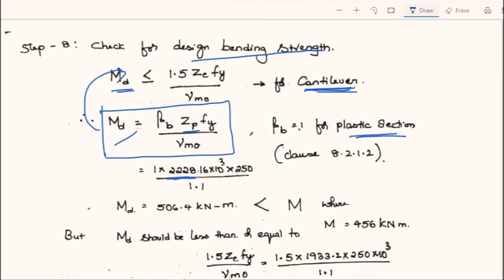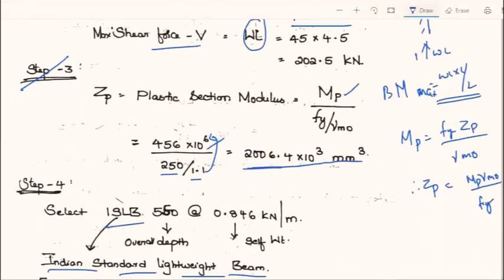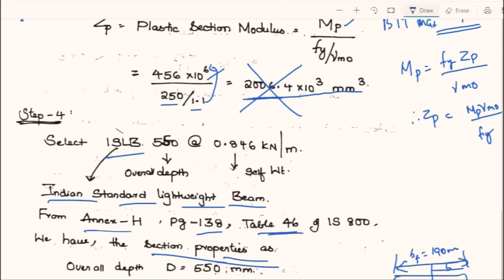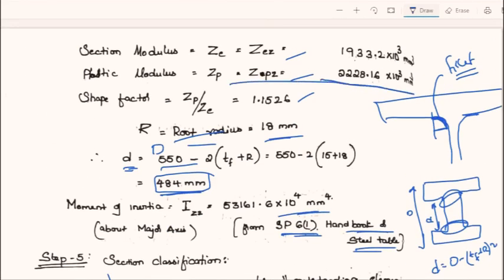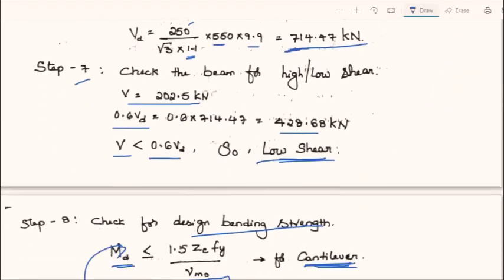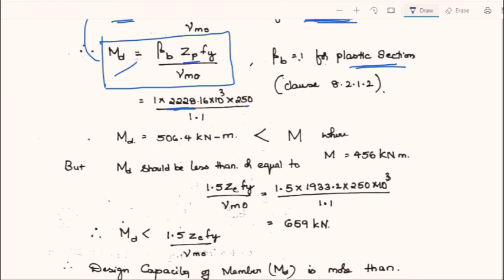But remember, here the ZP should not be the value we got in step 3. The ZP of the section that we considered in step 4 has to be used. Remember that, there is a chance that you get confused. So you put Fy 250 and gamma m0 1.1. This is the value.